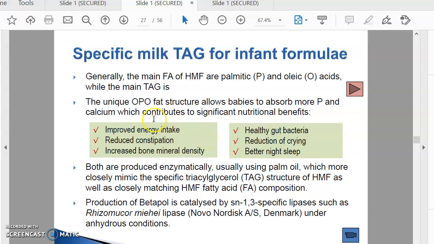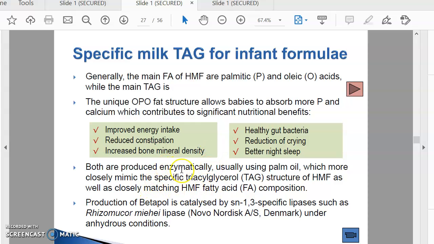Because of this structure, it cannot be digested by the human enzyme, but can be digested by the microorganisms inside our stomach. It is important for healthy gut bacteria as food for them. So this is the other advantage.